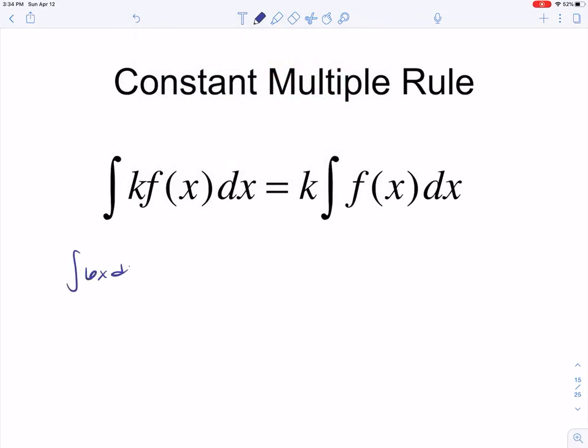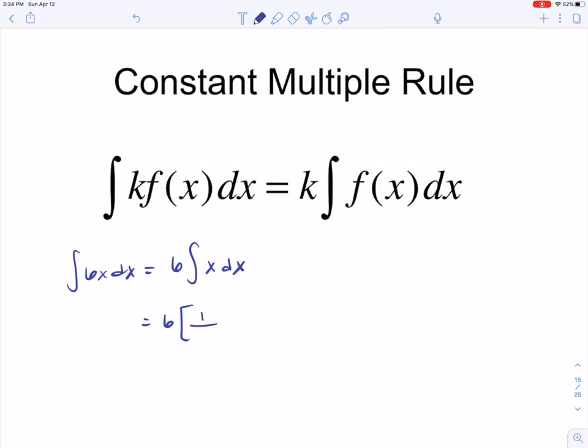So for example, if we wanted to integrate 6x with respect to x, you could think about pulling the 6 out and then integrating x with respect to x.